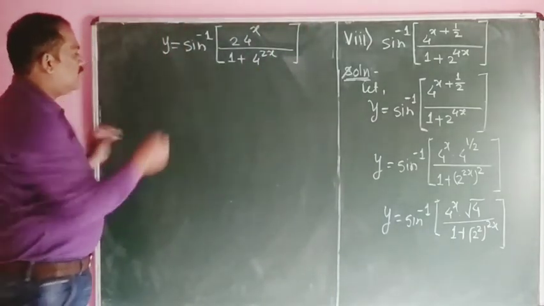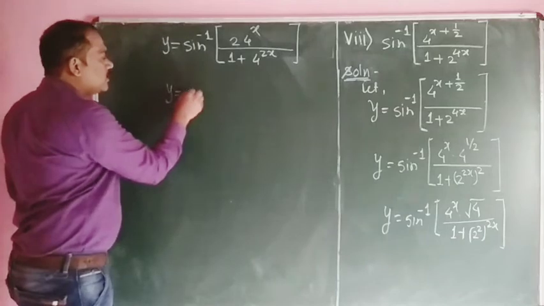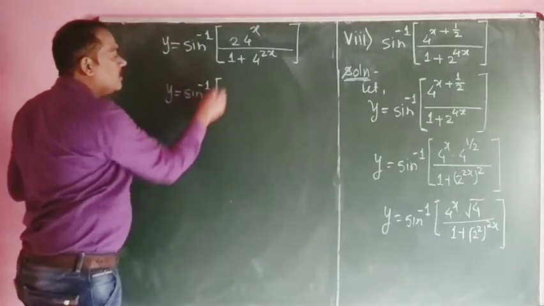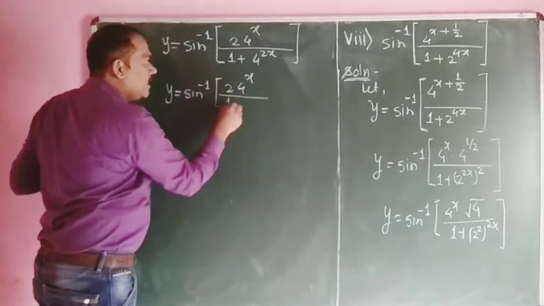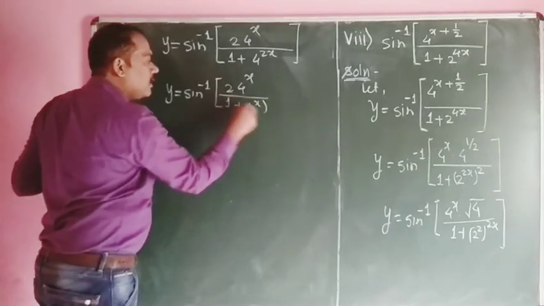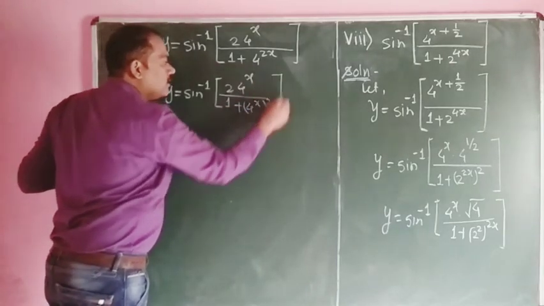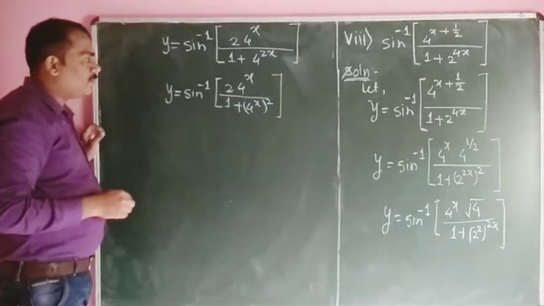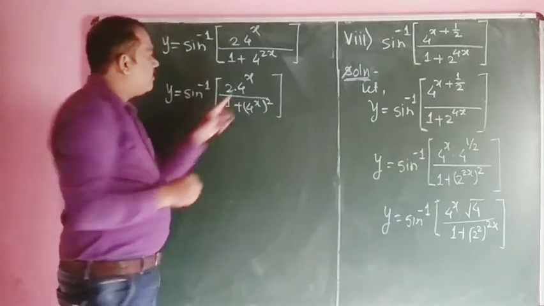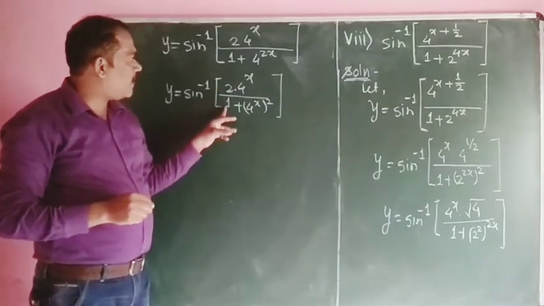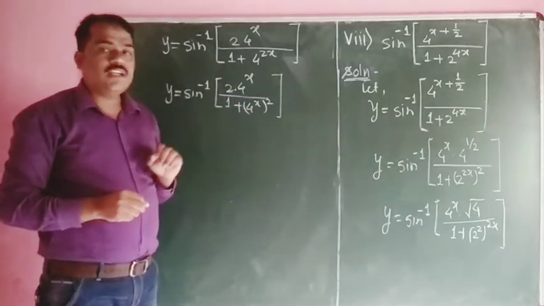This can be written as y is equal to sin inverse of 2 into 4 raised to x divided by 1 plus 4 raised to x whole square, that is sin inverse of 2 into 4 raised to x divided by 1 plus 4 raised to x square.